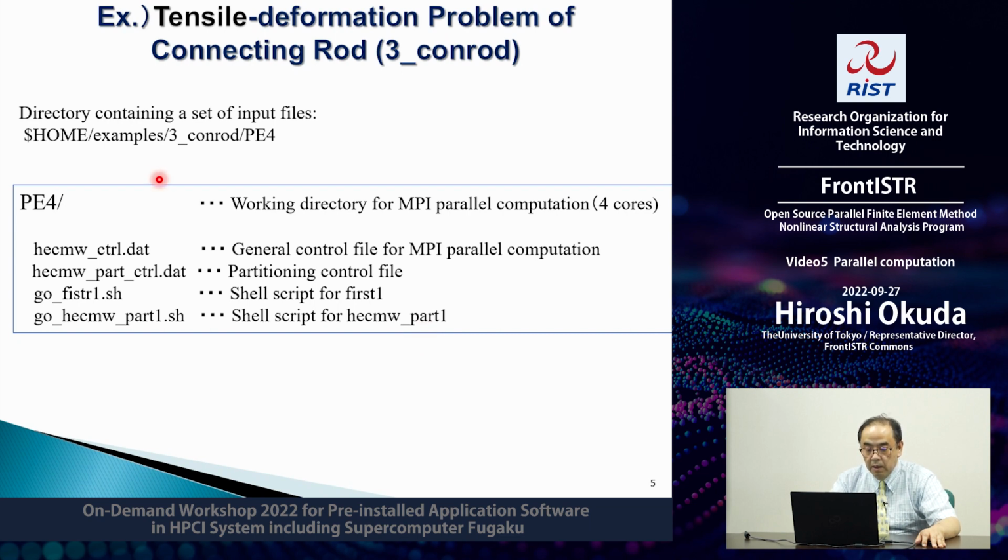So you may prepare a subdirectory under your home example connecting rod, PE4, and in the directory of PE4 you may have these control files and the shell script to run or submit the FrontISTR jobs.